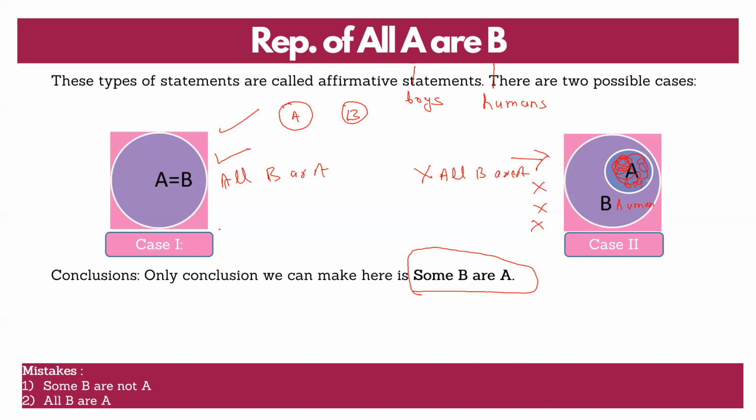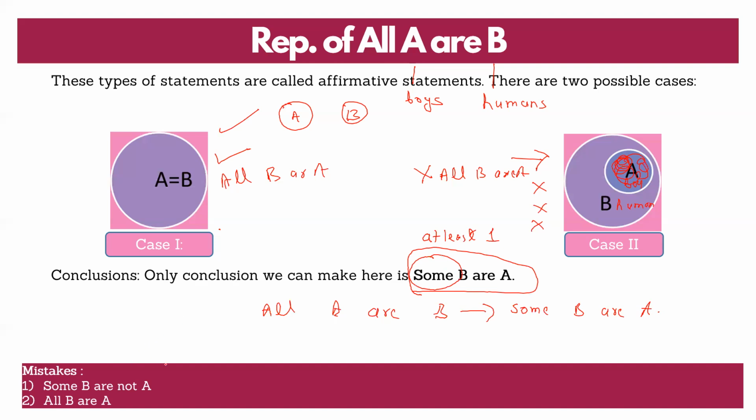So the only conclusion we can make here is some B are A. So you need to remember: if a statement is given all A are B, then the conclusion that can be drawn is some B are A. Remember, the meaning of the word some is at least 1. It can be more than 1. It can be anything. It can be 100 also.